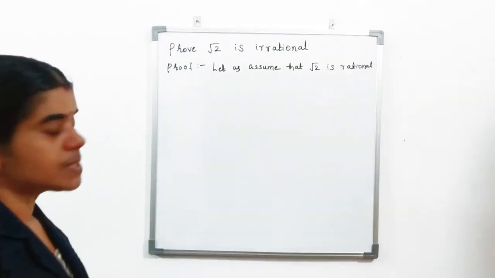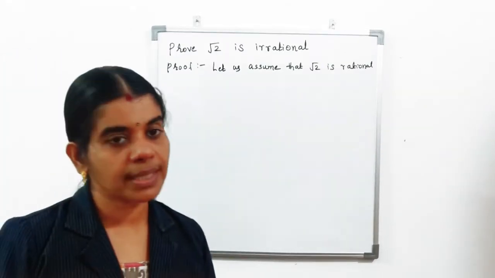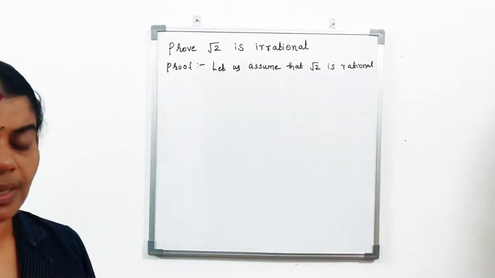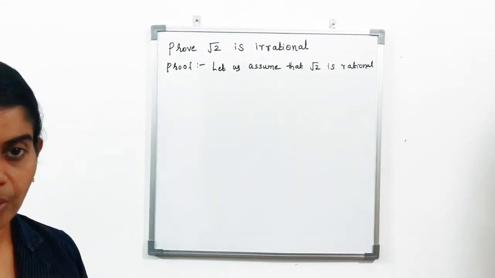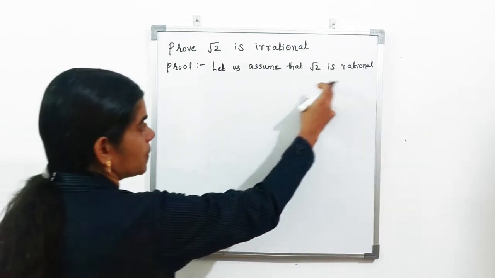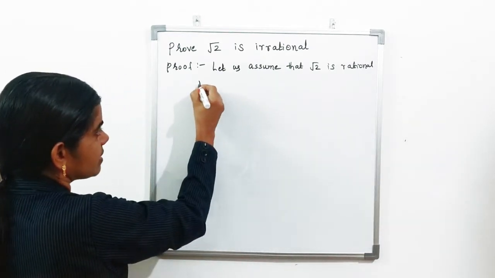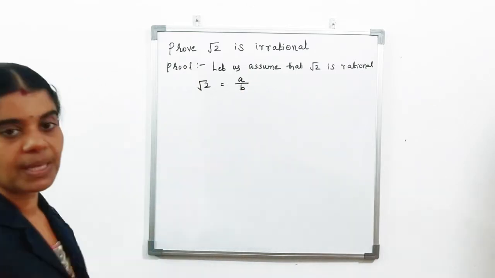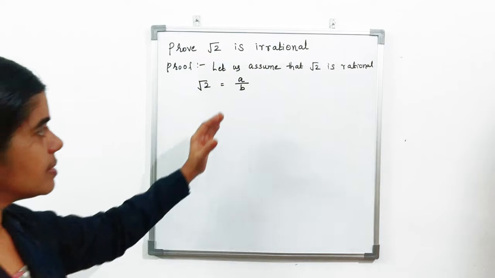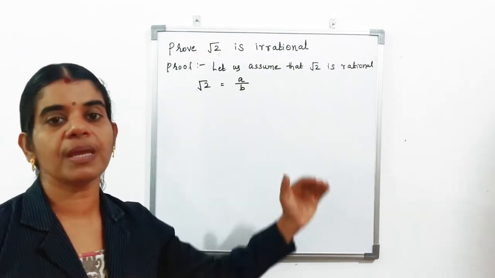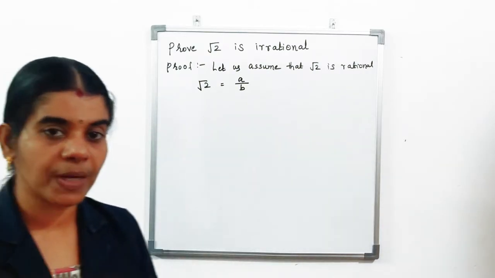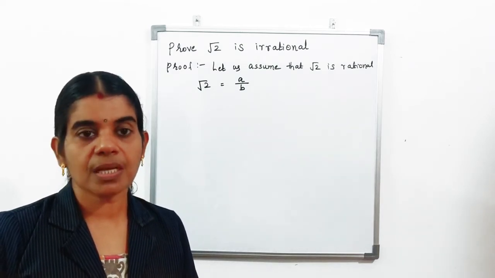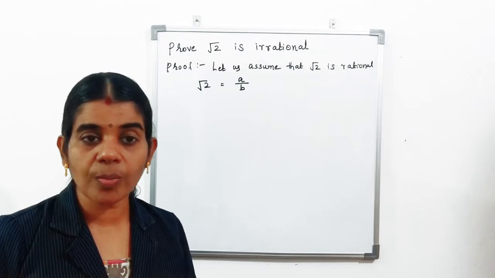We already know that rational numbers are those which can be written in the form of p by q. Here I am taking a by b, any numbers as numerator and denominator. Because we assume that root 2 is rational, we can write root 2 is equal to a by b, where a and b are co-prime. What is meant by co-prime? Two numbers whose HCF is equal to 1, that means they have only 1 as a common factor.